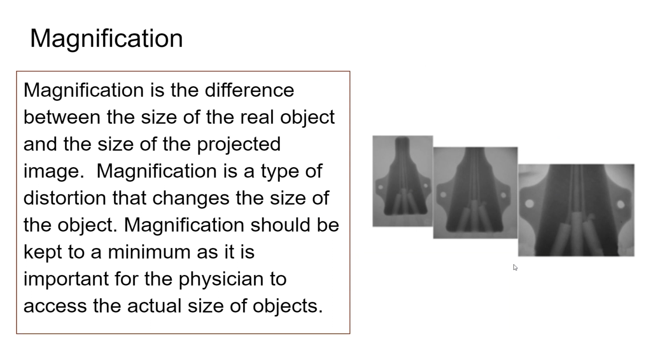Magnification is just when the object gets bigger. We don't usually like magnification. It falls into a category we call distortion, and we don't like distortion. So when things are magnified, they tend to be a little blurrier, so there's a little bit more penumbra.